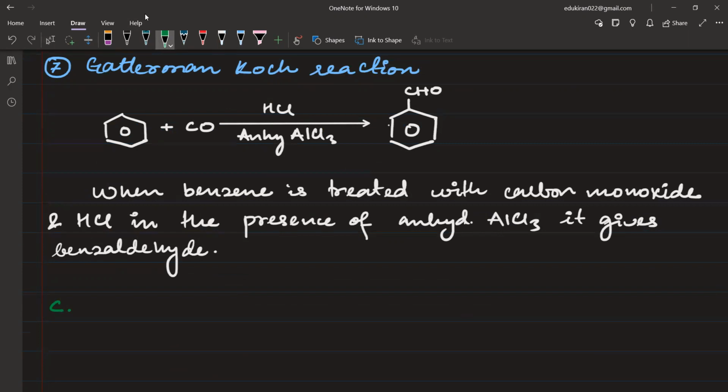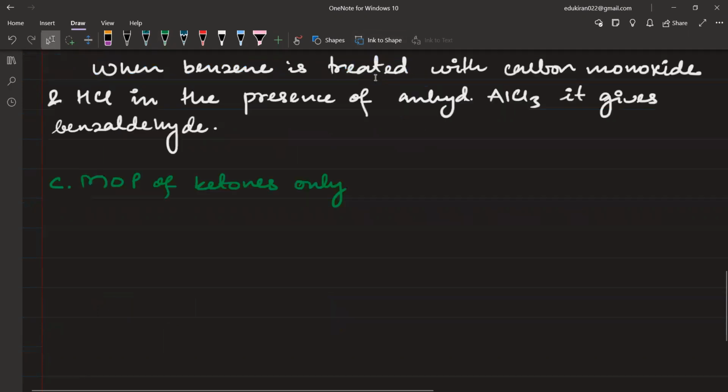Now write the methods of preparation of ketones only.